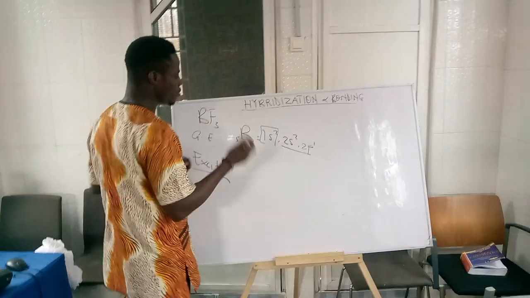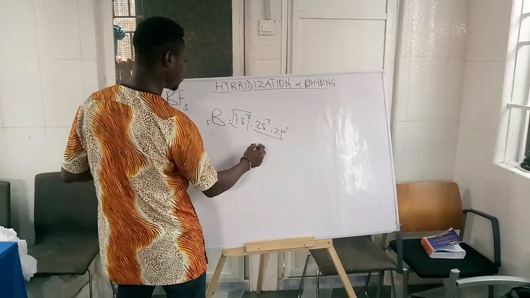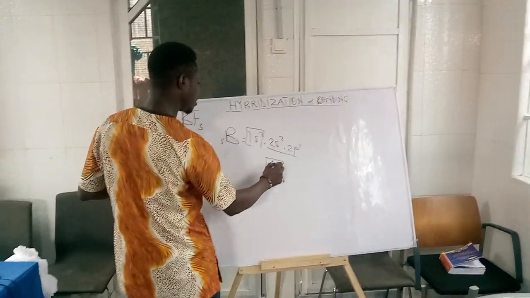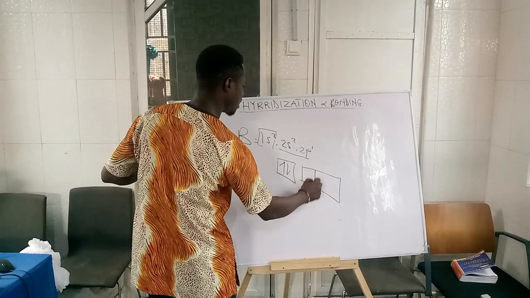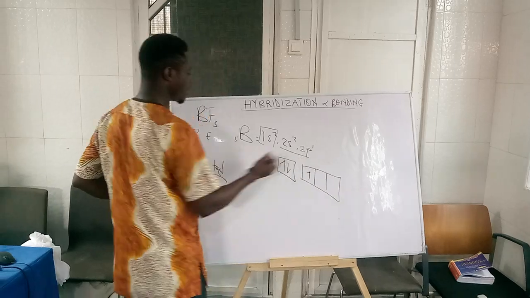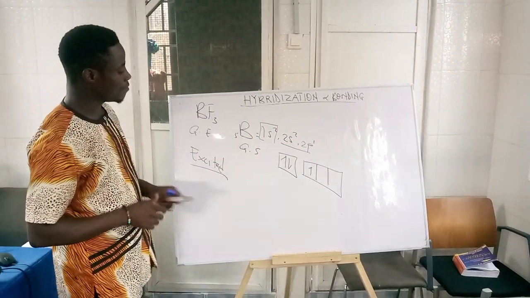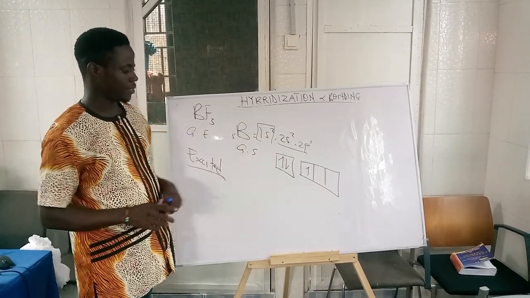So let me draw the detailed form. This is the s orbital, and when you pick the p orbital, it is degenerate. This is the ground state electronic configuration: 2s2 and then 2p1.